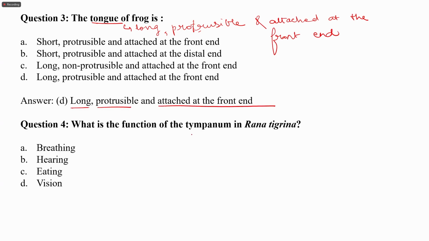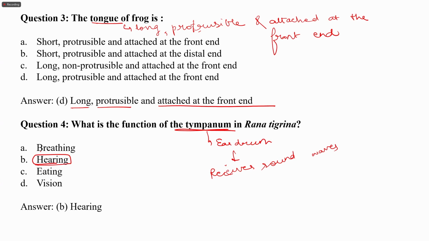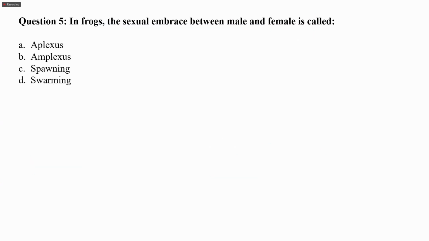Question number 4, what is the function of tympanum? We know tympanum is the eardrum or the membrane that receives the sound waves, and therefore it helps in the process of hearing. So the function of tympanum in Rana tigrina is that it helps in hearing.